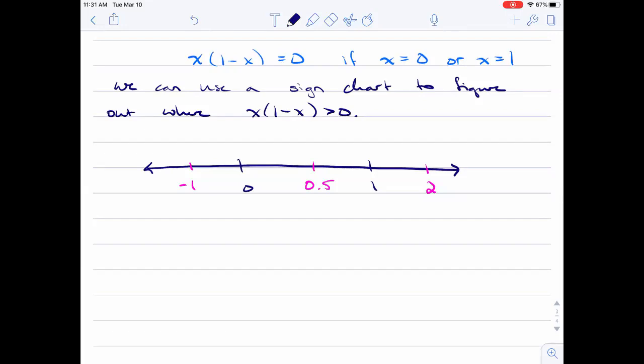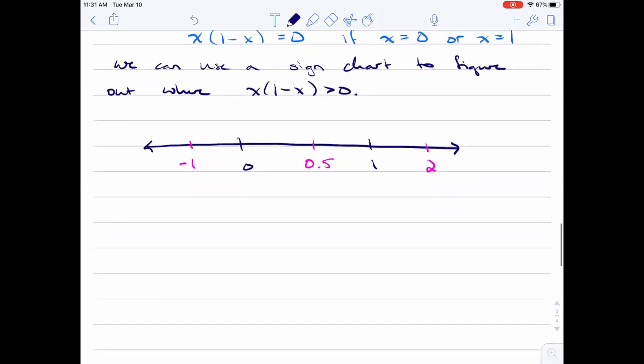So -1, for example, is going to behave like all the other ones less than 0. And so what we have is a negative number times 1 minus a negative number, which makes a positive number. 1 minus -1 is 1 plus 1, which is 2, so it's positive.